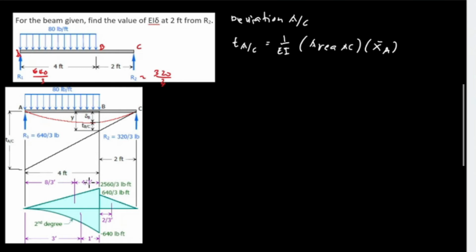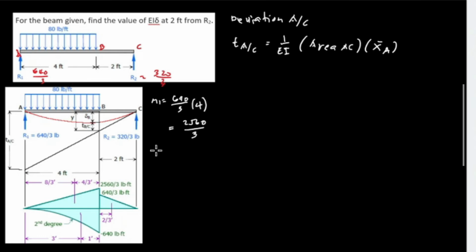First, we will determine the moment based on reaction 1. So moment 1 is equal to R1, 640 over 3, multiplied by the distance from A to B, and that's 4 feet. So 640 times 4 all over 3, and that's 2560 over 3.